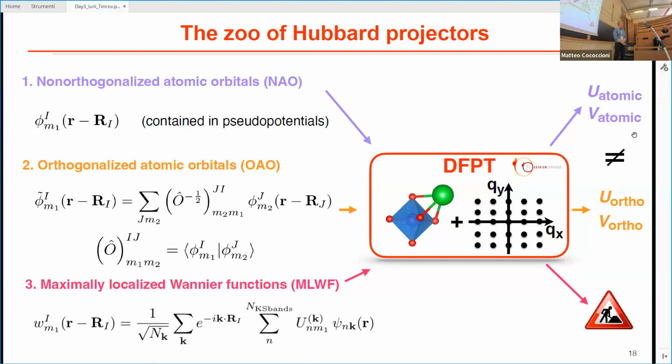But somehow, if you change projectors, I don't understand what is the justification of the V terms, because V is not an interaction term, it's the interaction between sites. So I see V maybe as what you need because your projector is not the right one. So if you modify the projector to be the orthogonalized orbitals, which is better, your V term is actually going down, no?